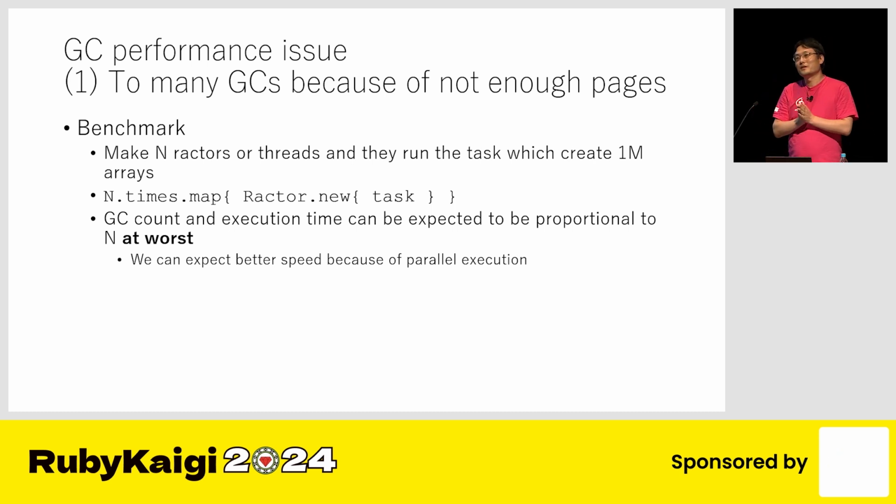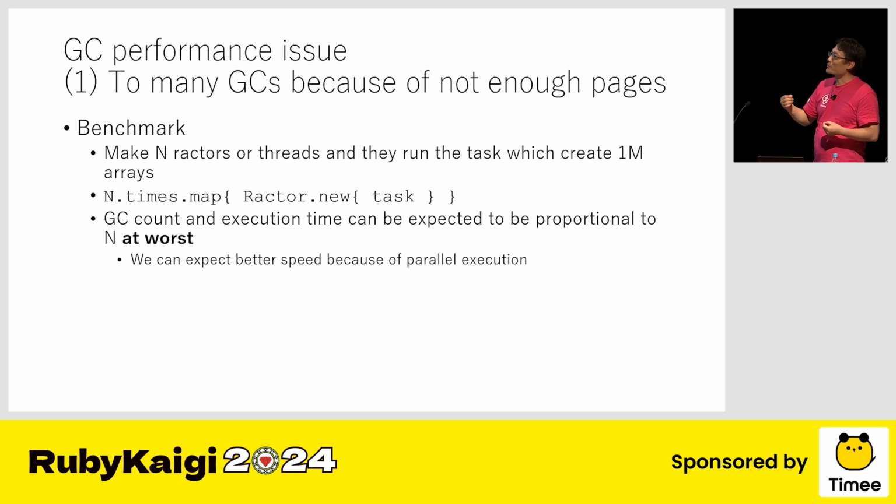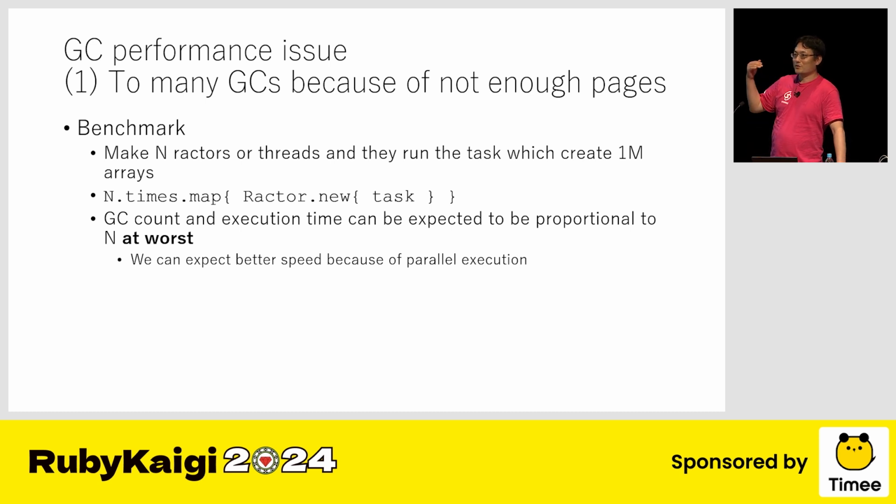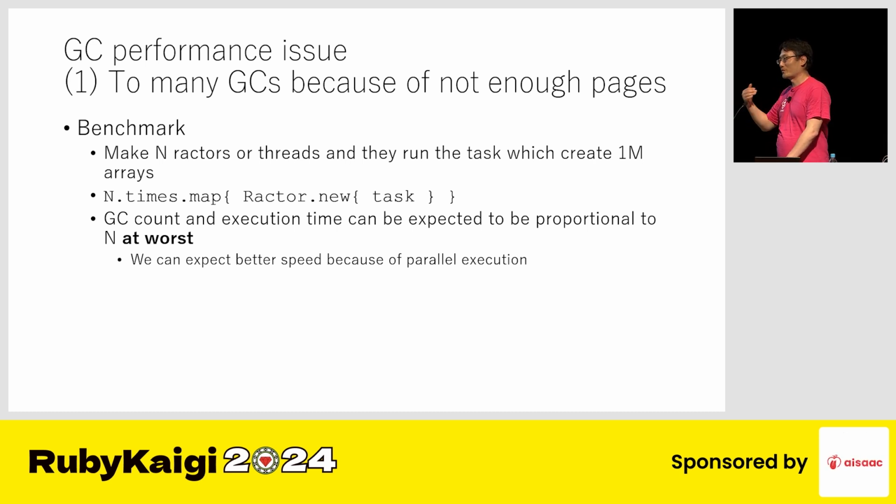The total task is proportional to n, so the result should be the same or faster on the Ractor system.